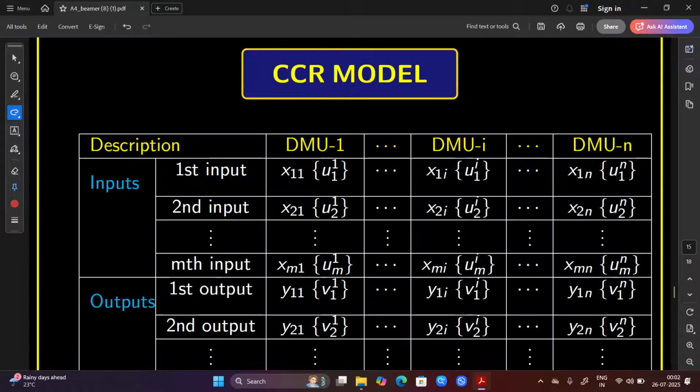Now no one will give the weight. The model itself decides for which weight the profit will be maximum. It depends upon its inputs and outputs, that we already know. But the CCR model helps by giving weight on its own, by which weight we will get the maximum profit.